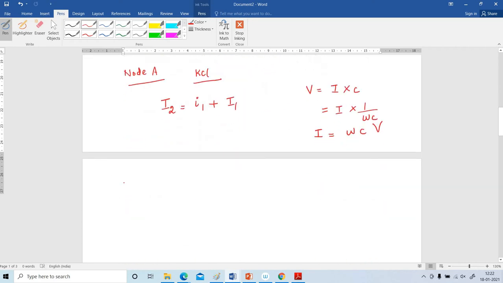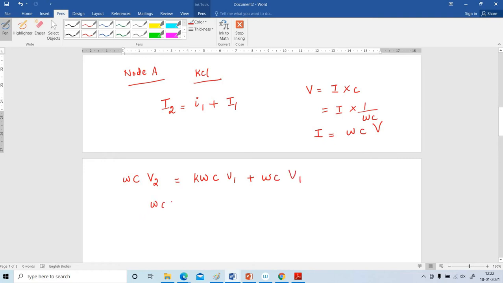Now I have to substitute the value here. I2 equal to omega C into V2. I1 is omega C into V1. Small I1 is K into omega C into V1, plus capital I1, which is omega C into V1.